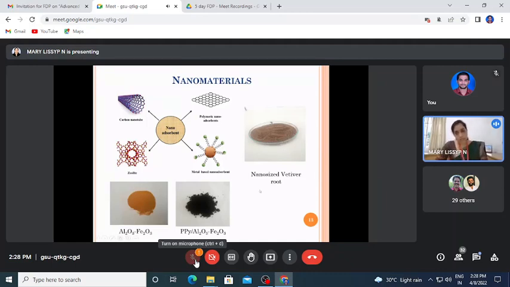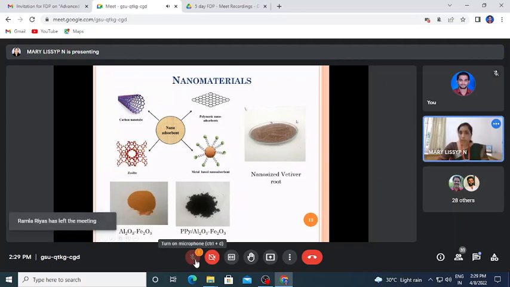This was a student project. Hope you know what vetiver is. Vetiver means the ramacham plant. You know that it is a medicinal plant, so it has some kind of potential. What we did is we took the vetiver root, dried it at a suitable temperature, crushed it, and made it into nano size.